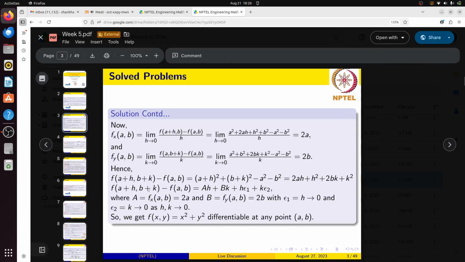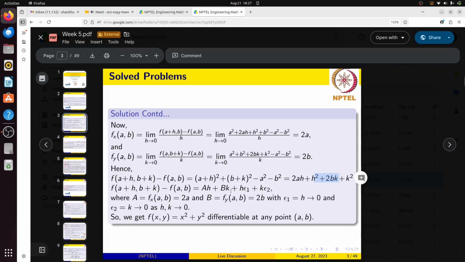Now f(a+h, b+k) minus f(a,b) is (a+h) whole square plus (b+k) whole square minus a square minus b square. This will give you 2ah plus h square plus 2bk plus k square. You see that 2ah is nothing but Ah, 2bk is nothing but Bk, and here h square plus k square is h epsilon 1 plus k epsilon 2, where epsilon 1 and epsilon 2 are h and k respectively.